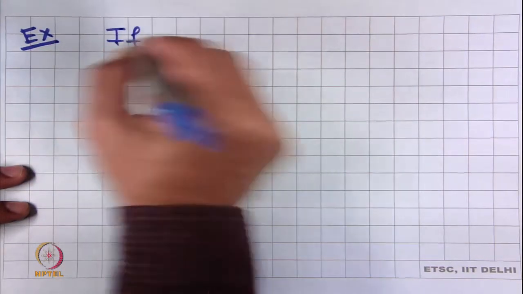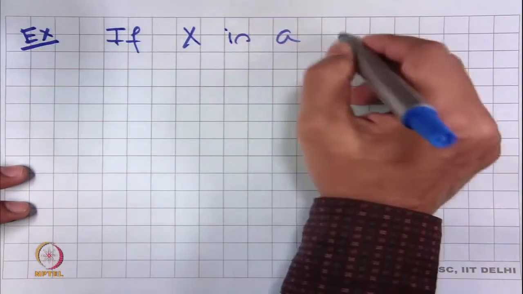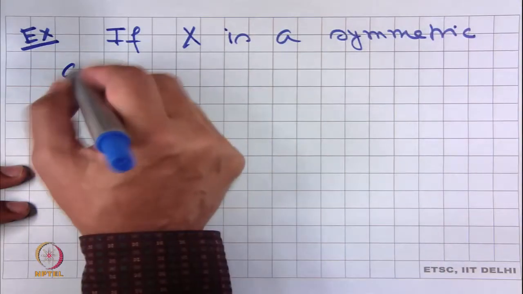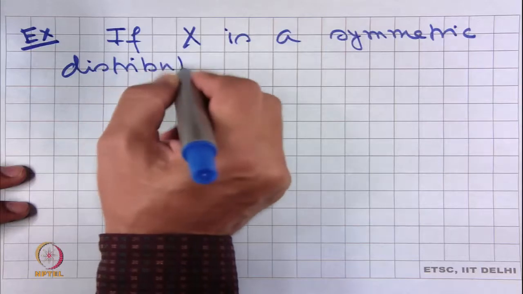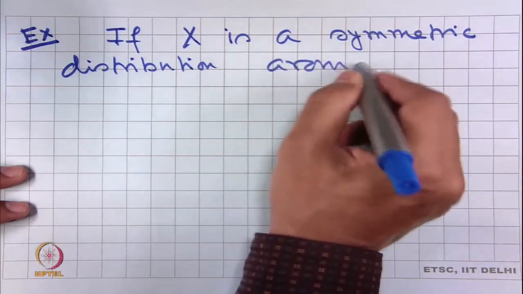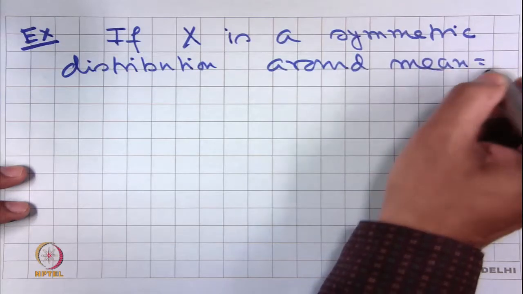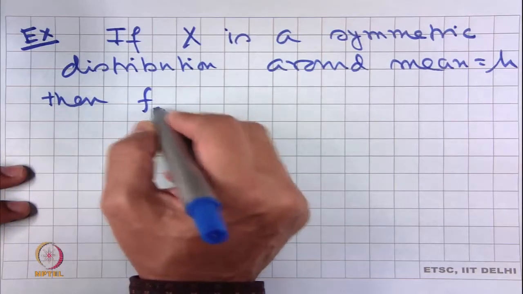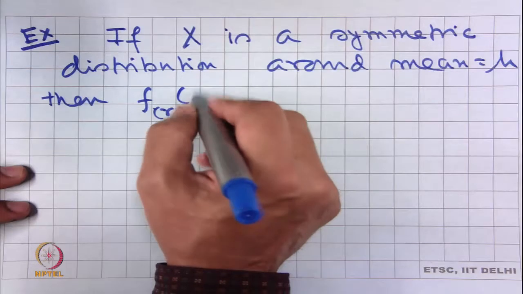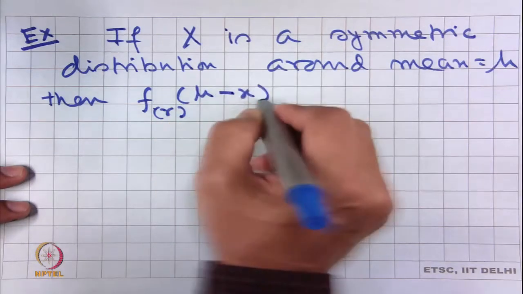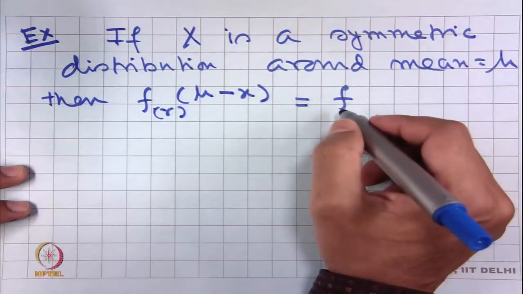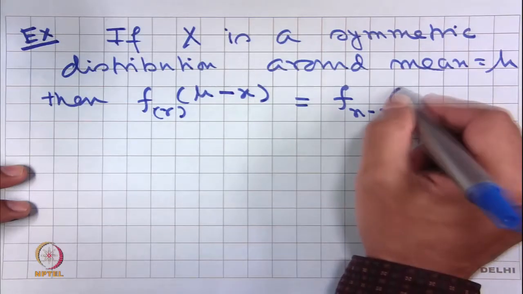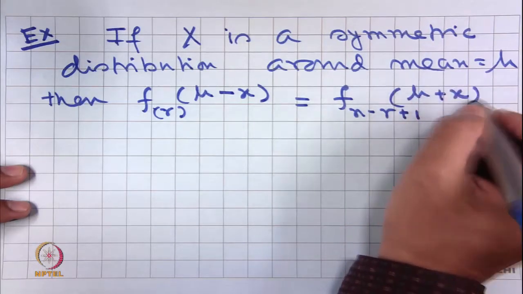Show that if X is a symmetric distribution around the mean mu, then f_r at mu minus x is equal to f_(n minus r plus 1) at mu plus x.